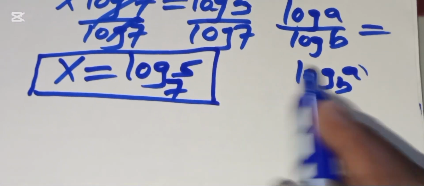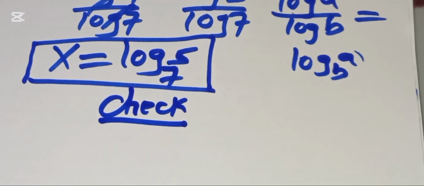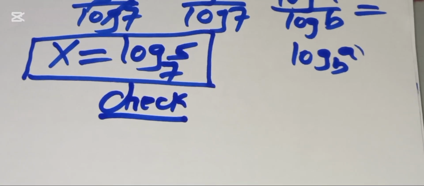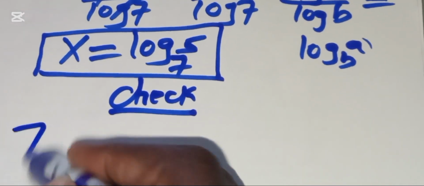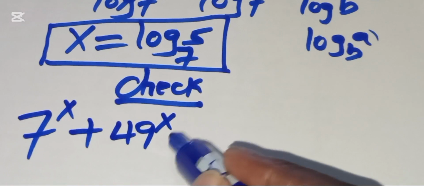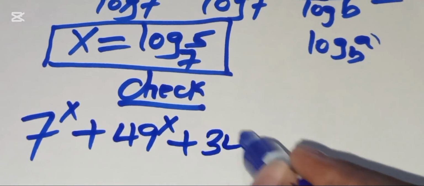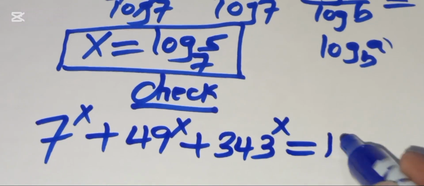So let's verify, or let's check if this value of x actually satisfies the equation. Remember that we had the equation 7 raised to power x plus 49 raised to power x plus 343 raised to power x. This should give us a value of 155.